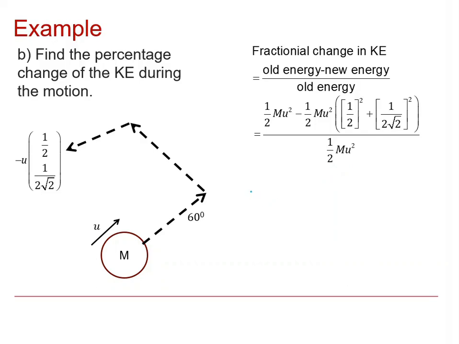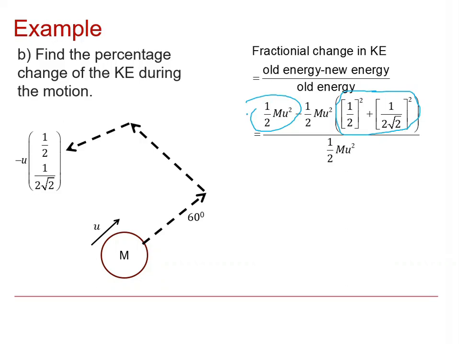Now that looks pretty horrendous, but in fact the half mu squared is a common factor in the three different terms, so we'll end up with just a 1 instead of the half mu squared, and we'll end up with just this expression for the second one.